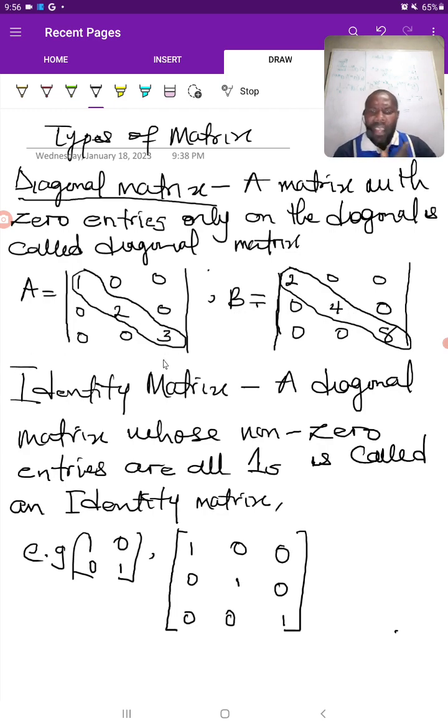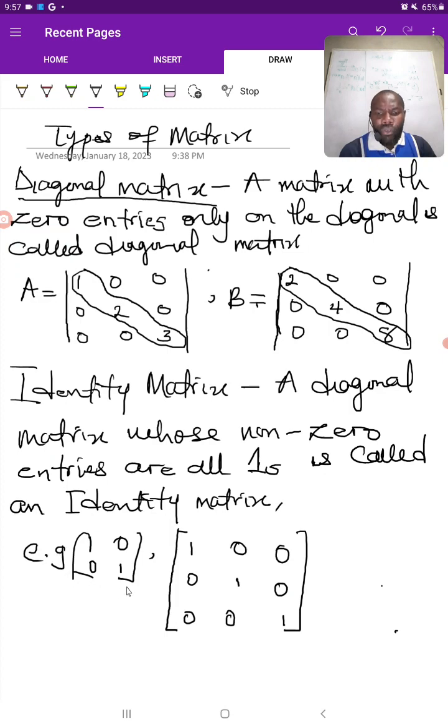We also have other types of matrix that are really common to what we need now. We have many types of matrix, but we are only dealing with the WAEC, NECO, and JAMB syllabus. That is why we limit the types. Identity matrix: a diagonal matrix whose non-zero entries are all ones is called an identity matrix.